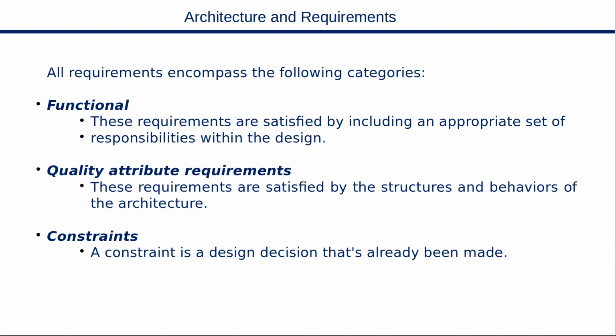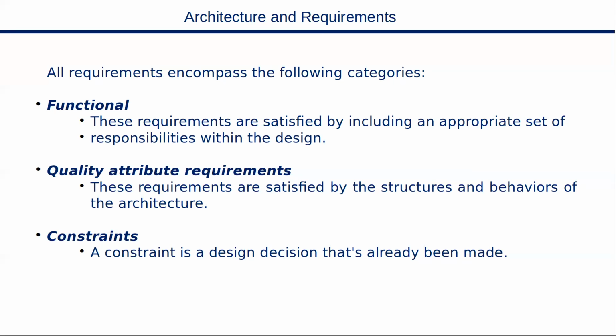So the main reason for new systems, and what is more important, is quality attributes, or so-called architectural characteristics, whatever. We're talking about the same things. These requirements are satisfied by the structures and behaviors of the architecture.